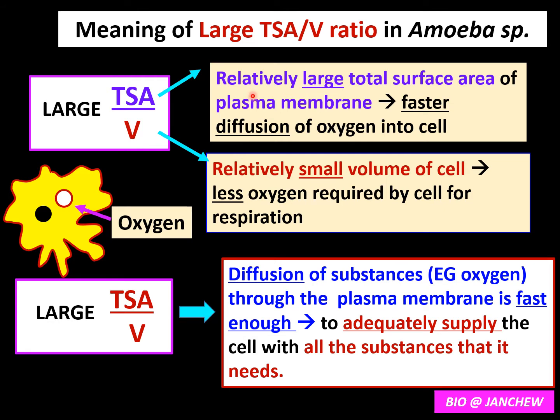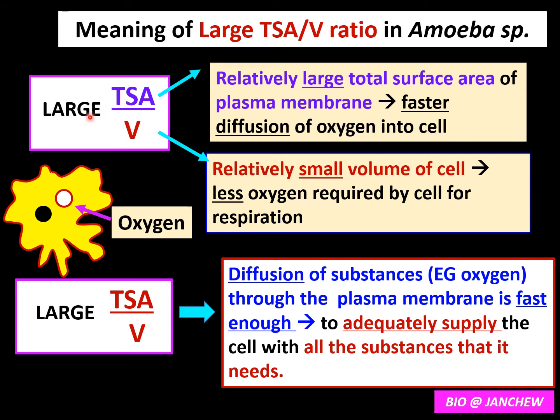Okay, and because it has a relatively large total surface area of plasma membrane compared to its volume, there is relatively fast diffusion of oxygen into the cell of the amoeba to meet the needs of the cell for oxygen and other essential substances.